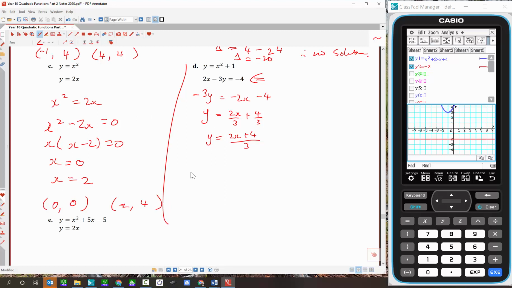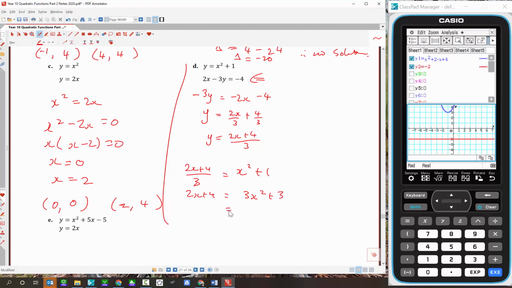Now I'm going to equate them off. So 2x plus 4 on 3 equals x squared plus 1. Now what I want to do is let one side equal 0. The way I'm going to do that is get rid of this 3 in the denominator by going 2x plus 4 equals, and multiply all of the right side by 3, 3x squared plus 3.